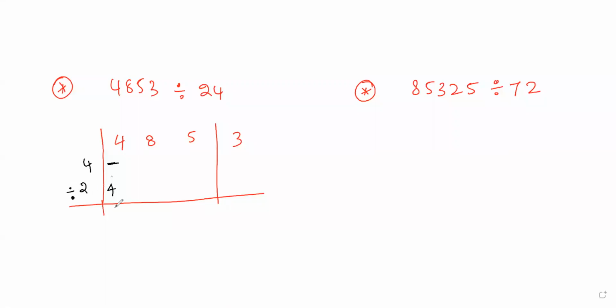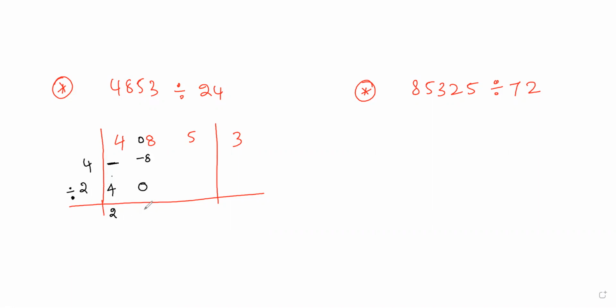So you can take how many times here? 2 times you can take. So 2 times and the 0 is the remainder, and 2 4s are 8, if you are subtracting here. Okay, so 8 you are subtracting. So you are getting 0 here.